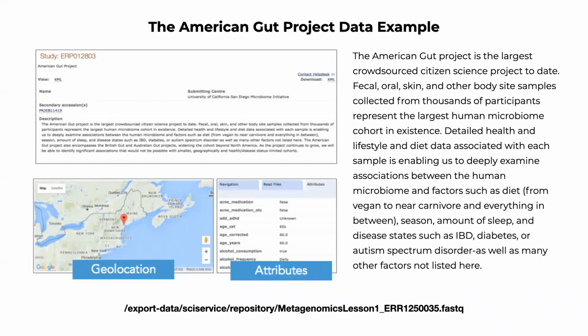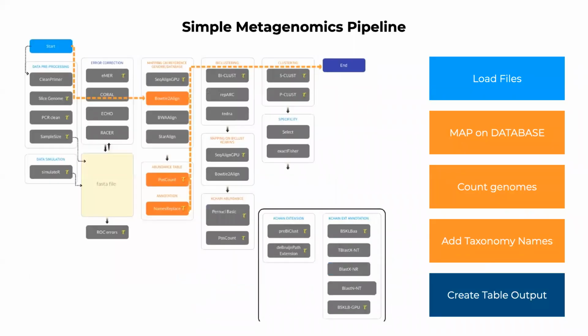Now, importantly, when we do this kind of an analysis, you have to remember that we are doing a fairly simple analysis. We're just taking the short reads that we have from the input data. Using a reference database, we align them to this reference database. And then we count how many, just a very basic count, how many reads do we have in each one of our positions, and then add the annotation at the end.